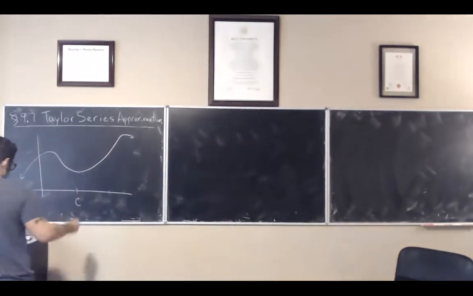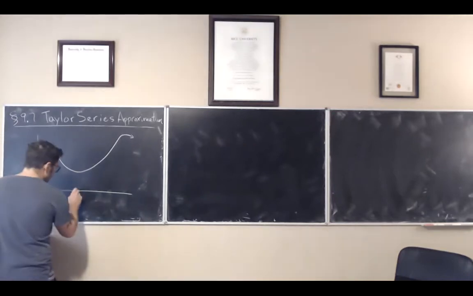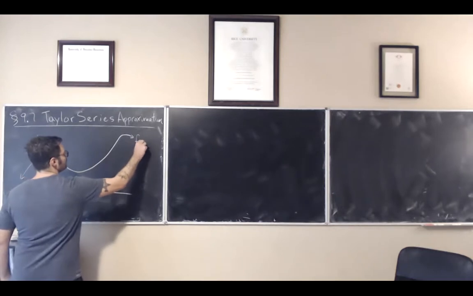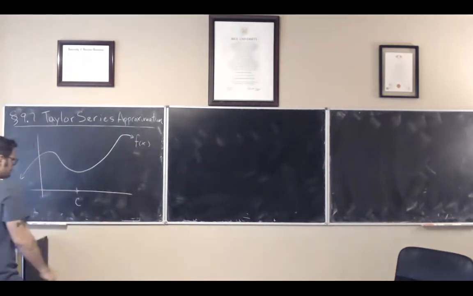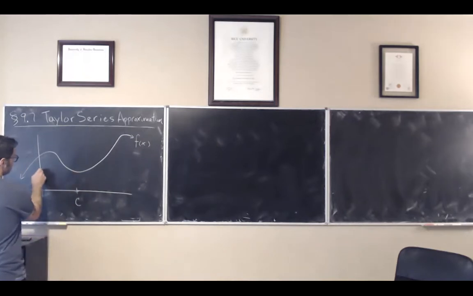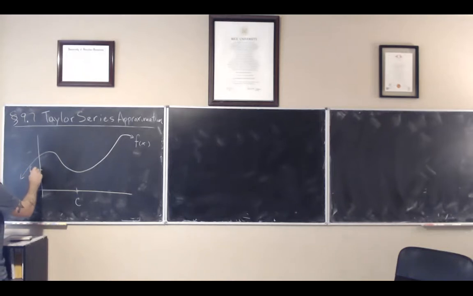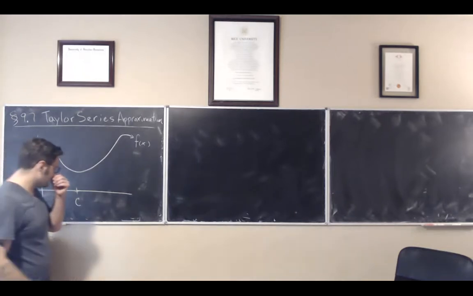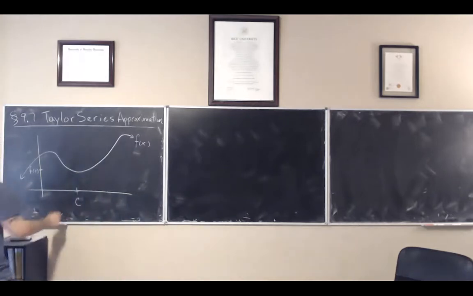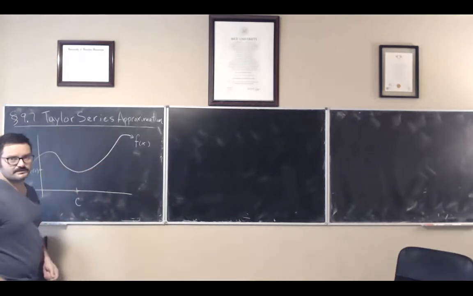Suppose we know the function's value at c, so here's f of c. And then we also happen to know its derivative at c, its rate of change.